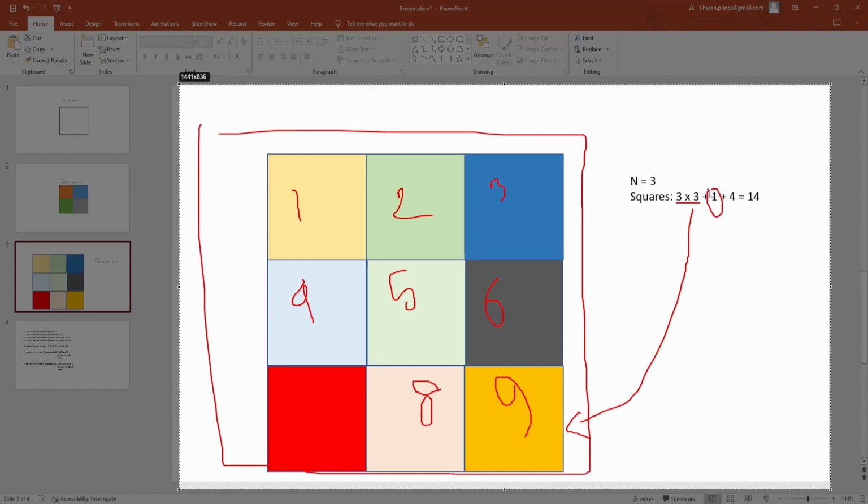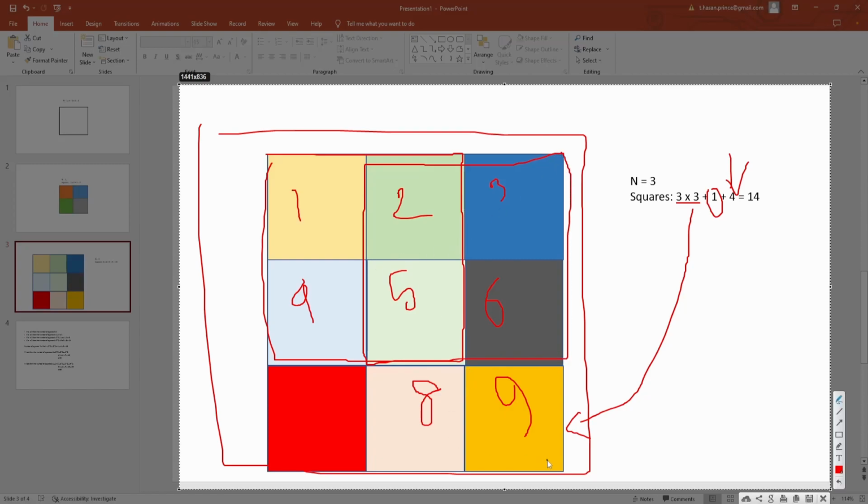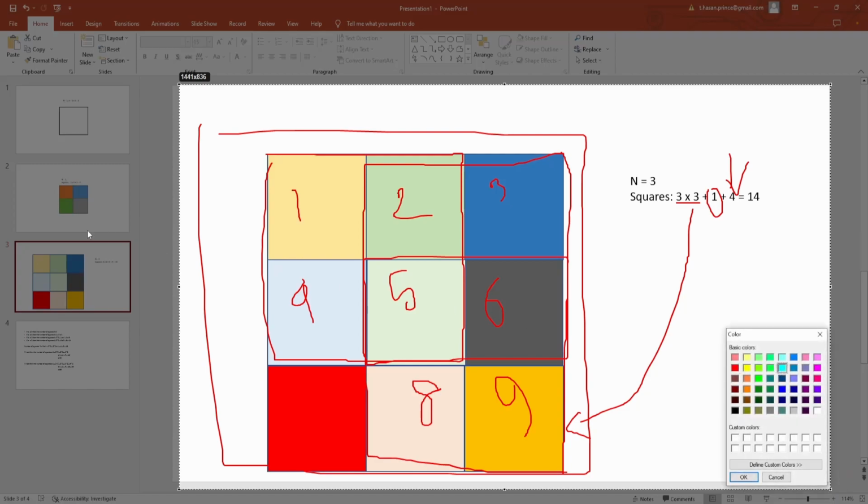Now where is this 4 coming from? 4 is coming from this: 1, right? Then 2, then 3, and then 4.